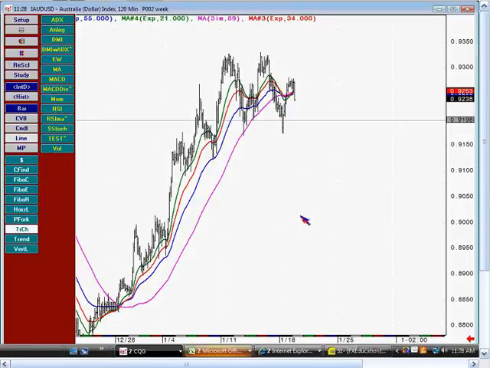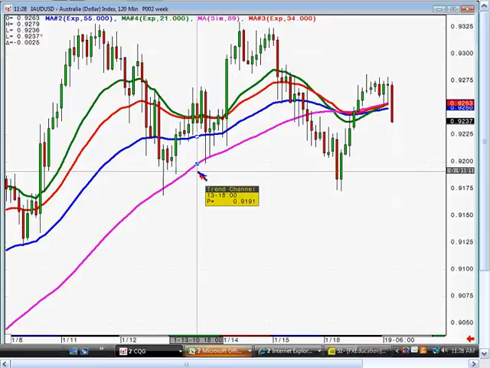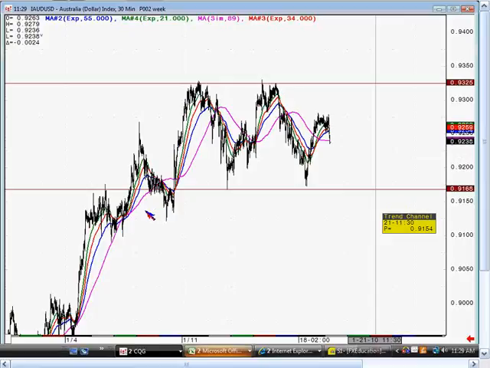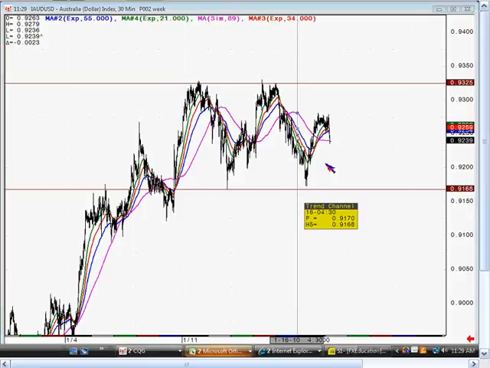Okay, this Aussie US. If you look at it on that 2-hour chart, it is coming down, right? If you want to look at the 30-minute chart, just notice that right now the price is looking like a consolidation from here to here, right?